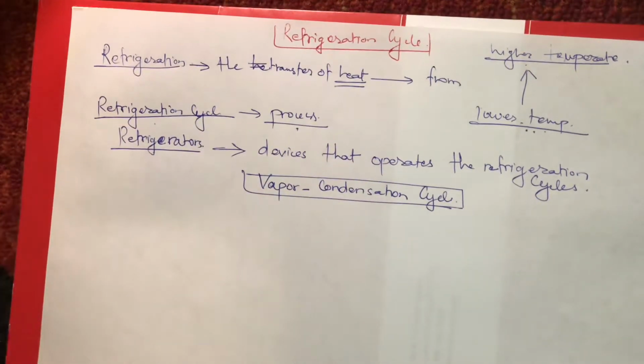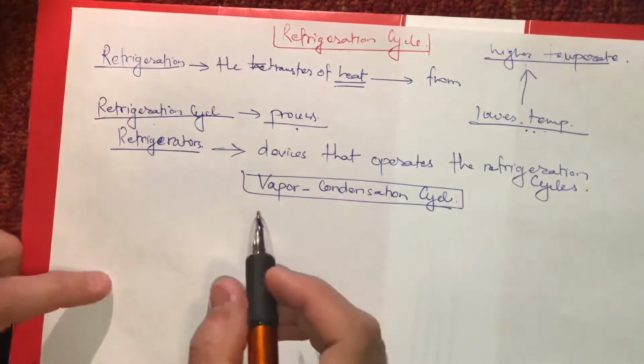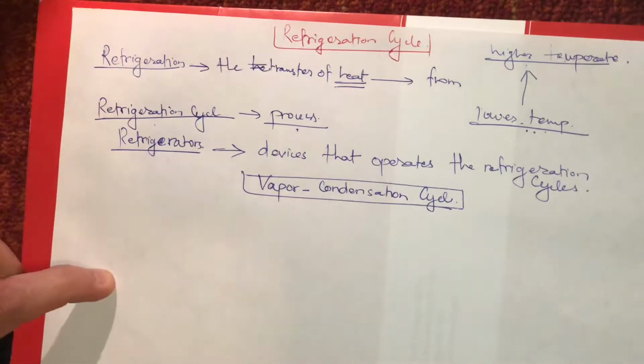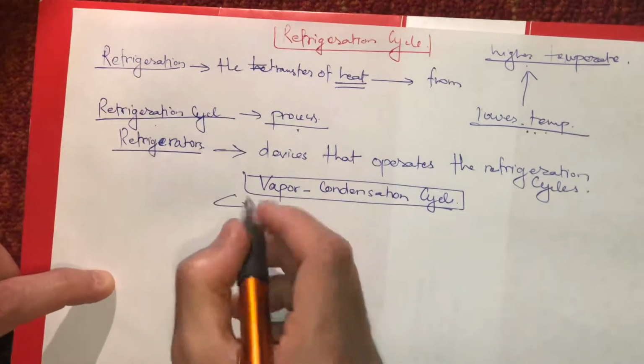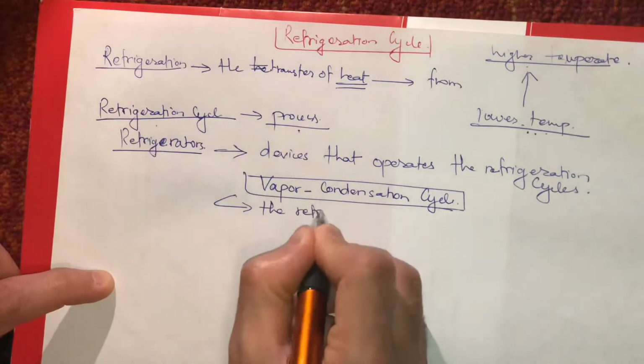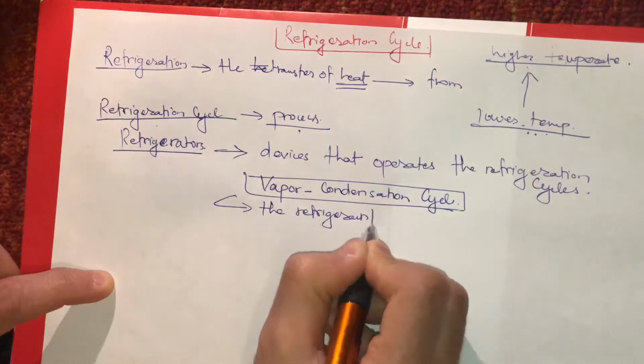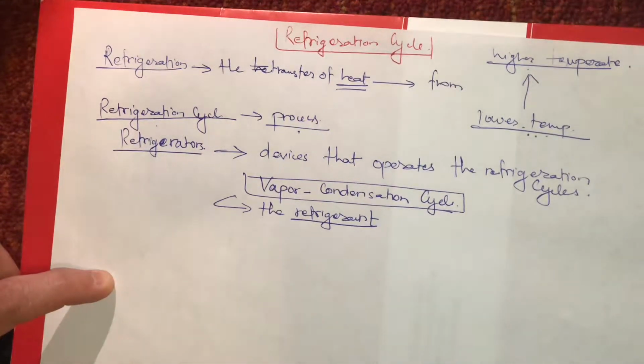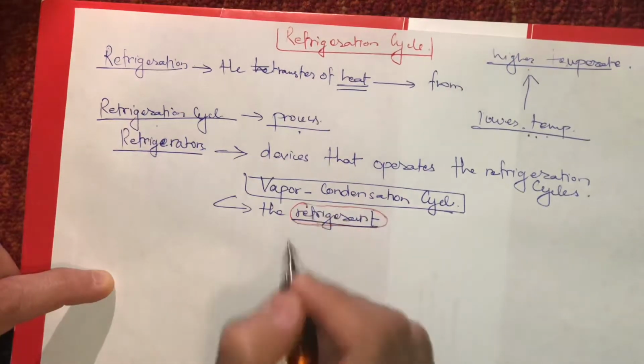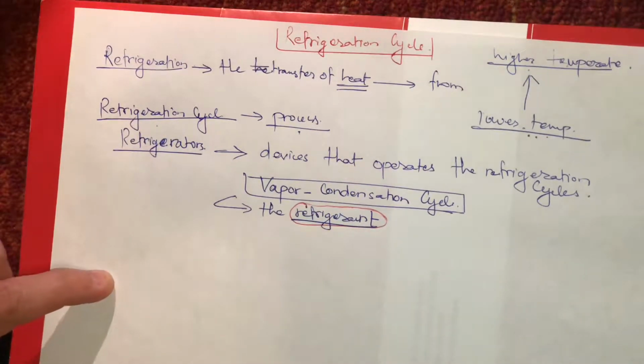What happens in this cycle is that the refrigerant is vaporized and condensed alternatively. The refrigerant is a substance that is used to cool the temperature of an object or anything.